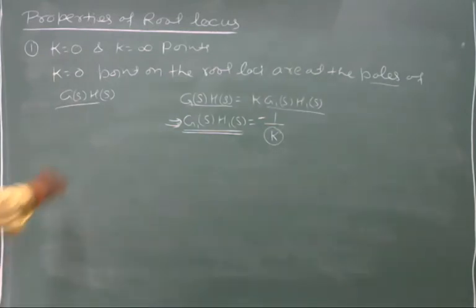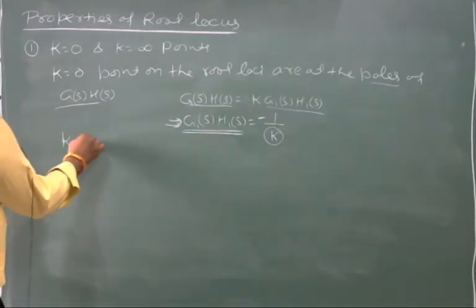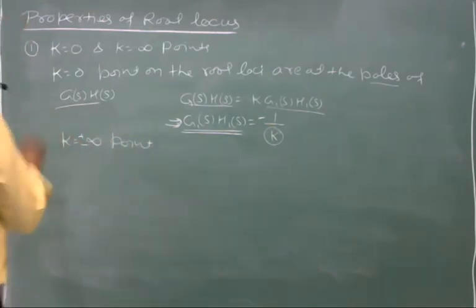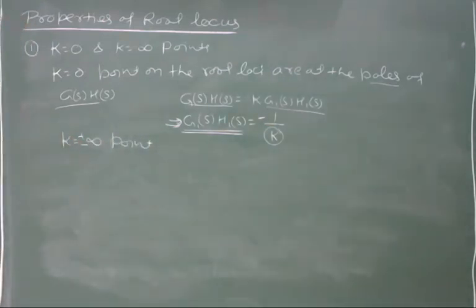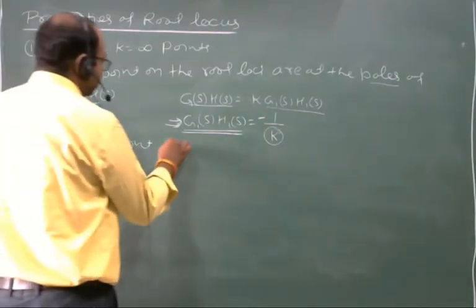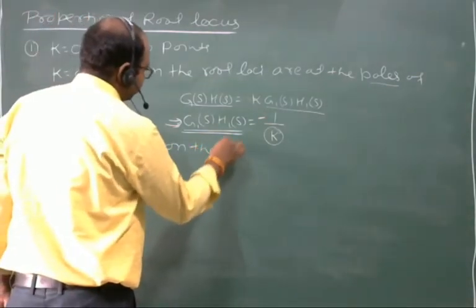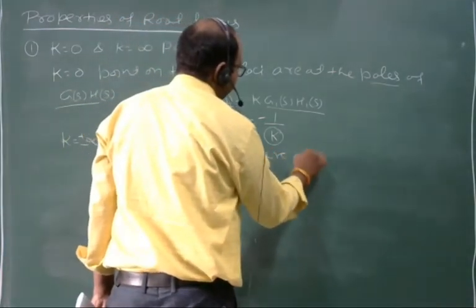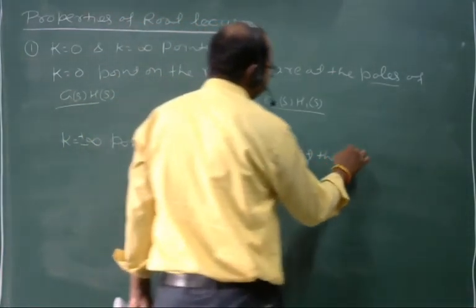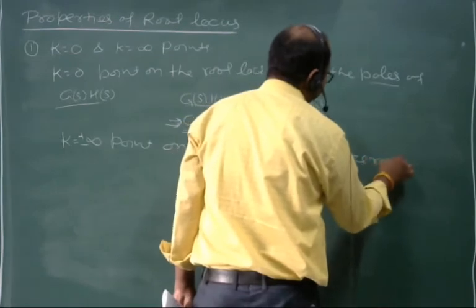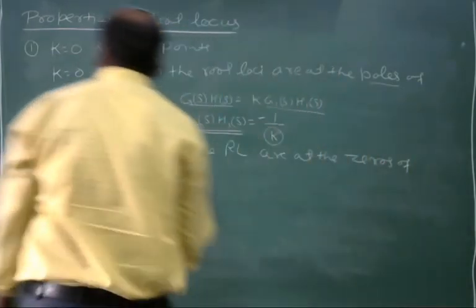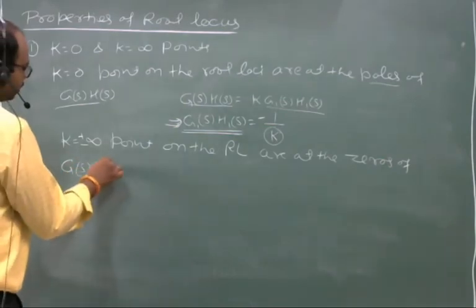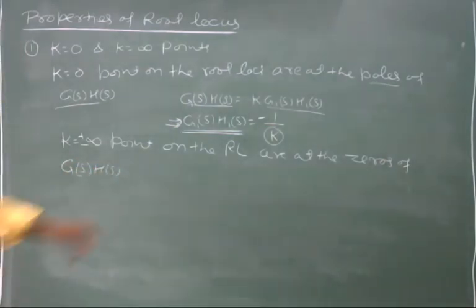And the K is equal to infinity point, or we can say plus minus infinity point, on the root loci are at the zeros of G(s)H(s). Look at this.